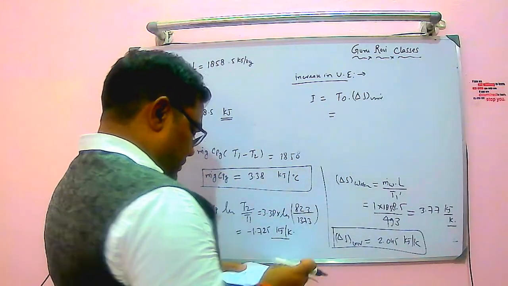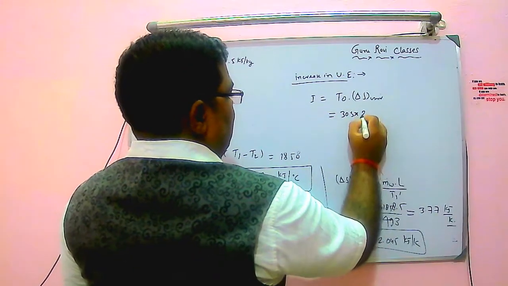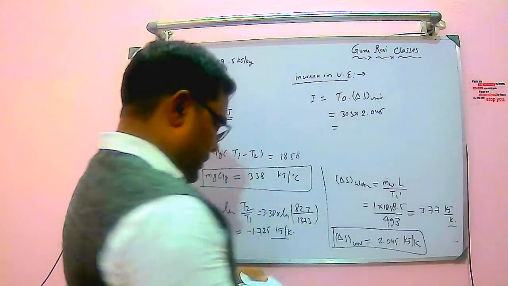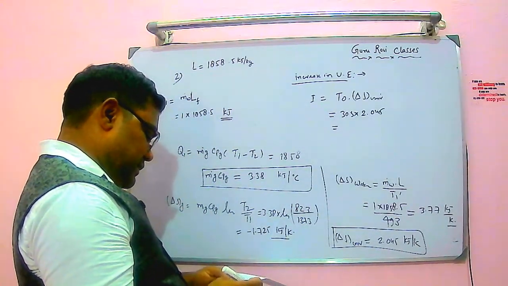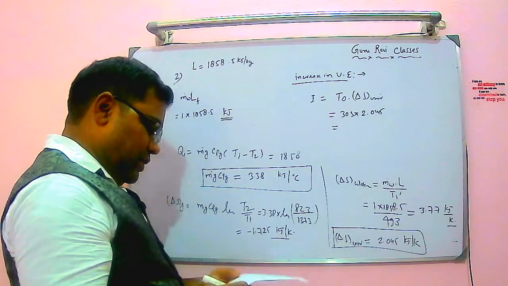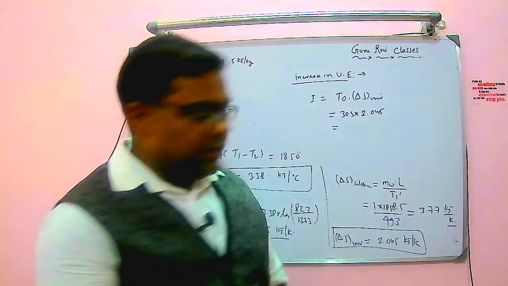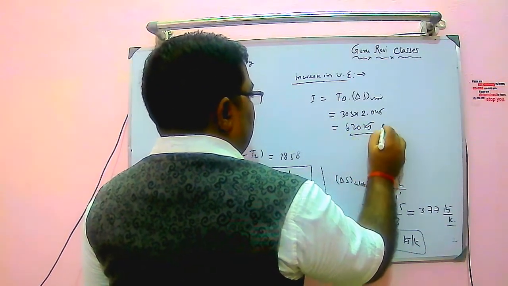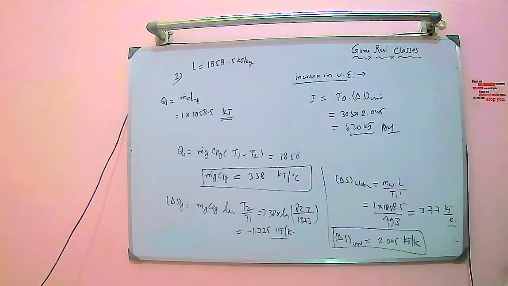T naught is given as 303 and delta S is 2.045. If you calculate, this is called irreversibility, meaning unavailable energy. It is coming around 620 kilojoules. This is another answer.